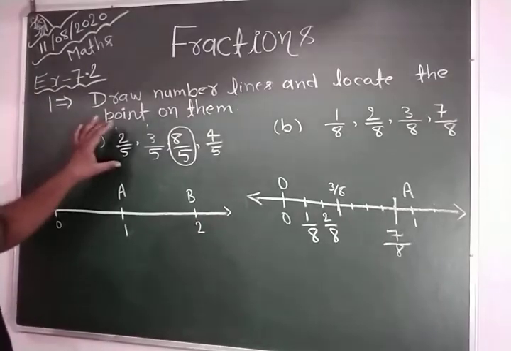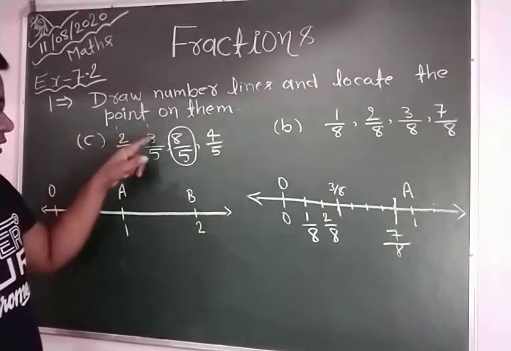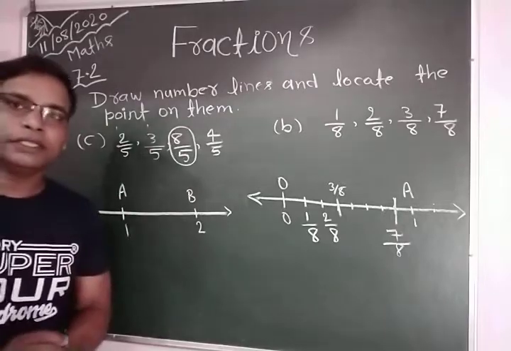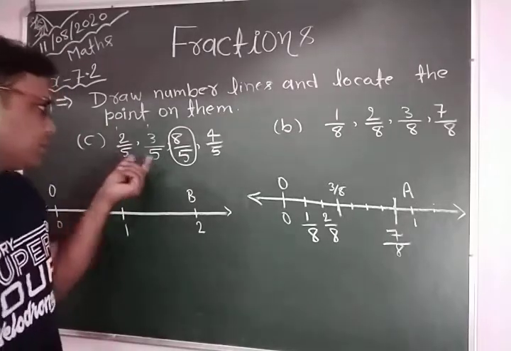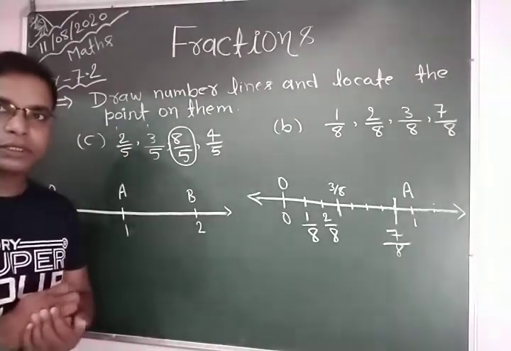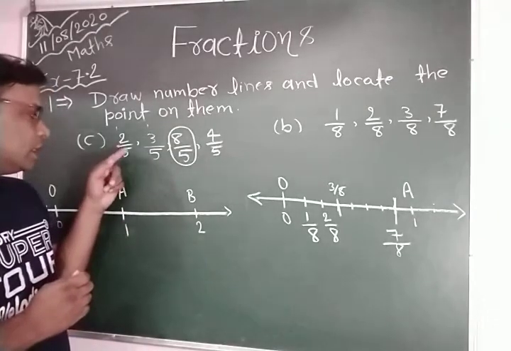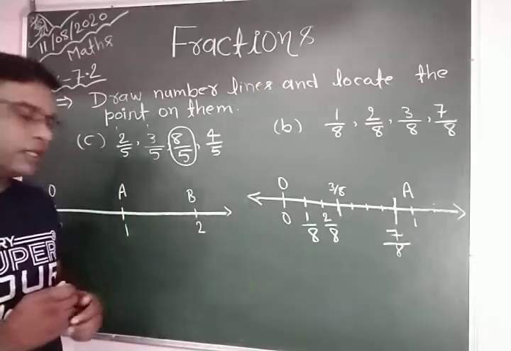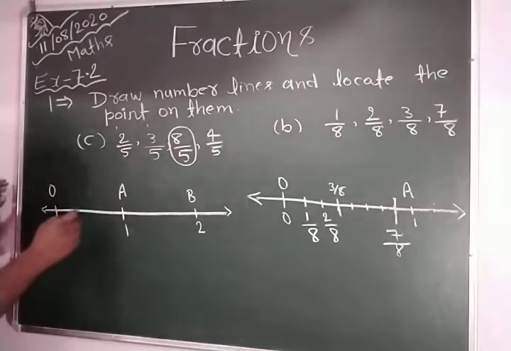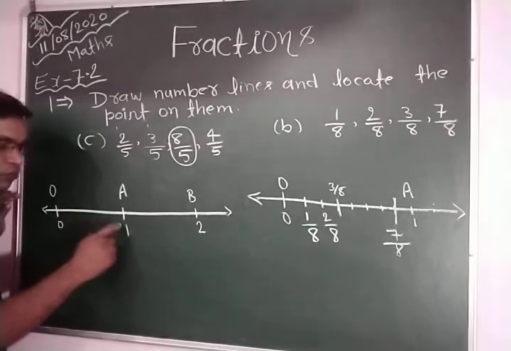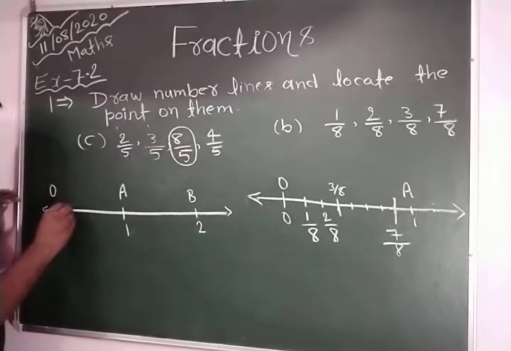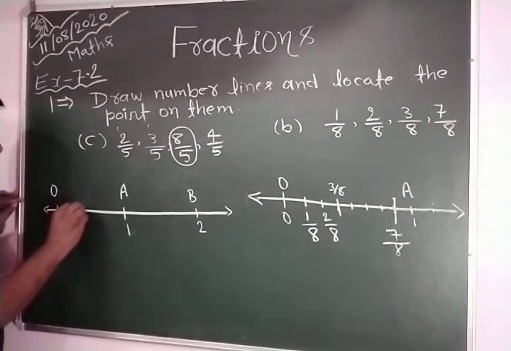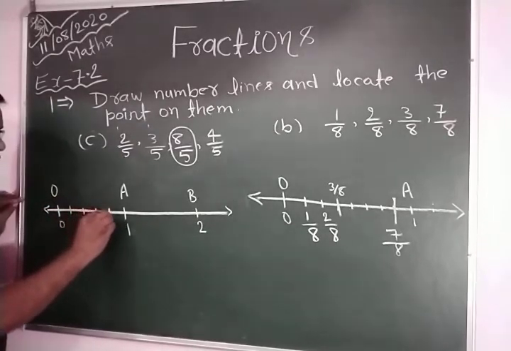Now you can see here these fractions are proper fractions. Okay, and here each denominator is 5. Okay, so we divide the line segment 0 to 1 in 5 equal parts. So this is 1 part, 2 part, 3 part and 4 part.